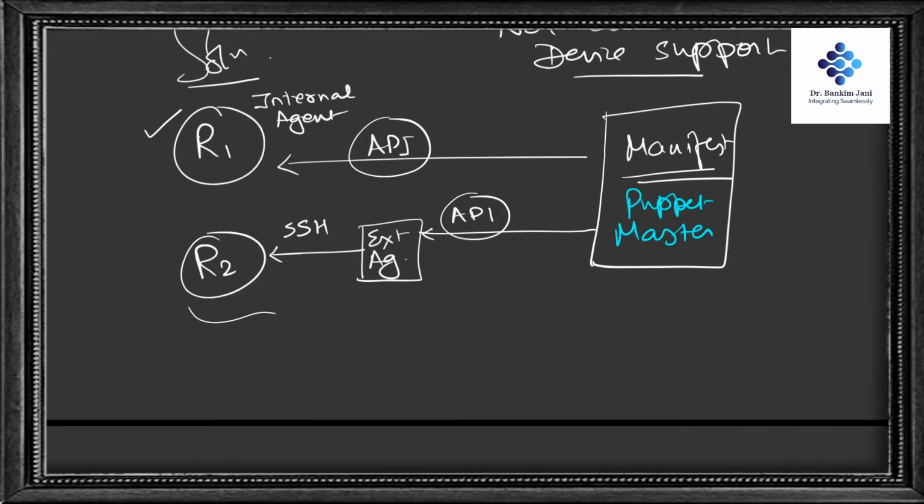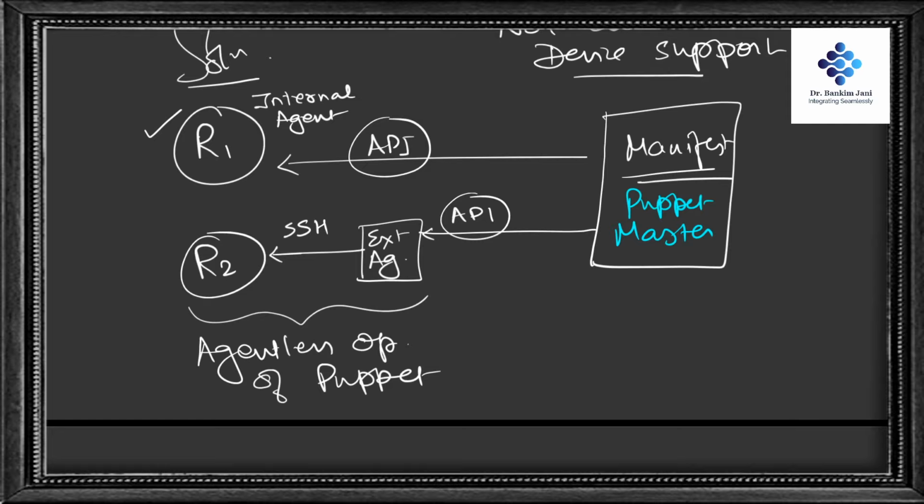If you are doing this, then this is the agentless operation of Puppet. Sometimes these words look heavy, but when we understand how it operates, it becomes so easy. Because if you see the Cisco list, they say that you should understand agent and agentless operation. You have to understand what the internal agents are, but this is so easy.